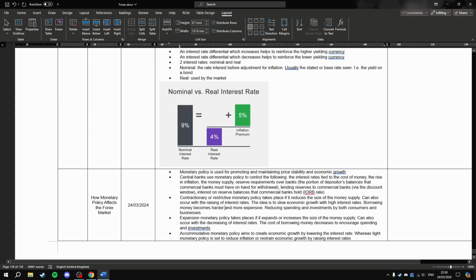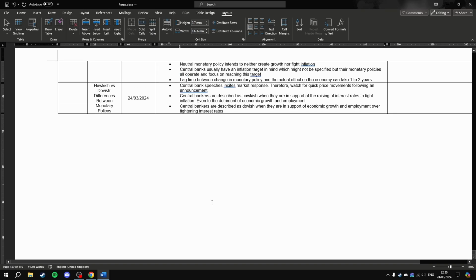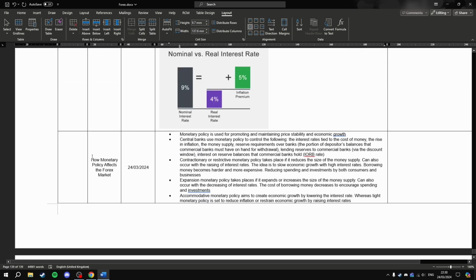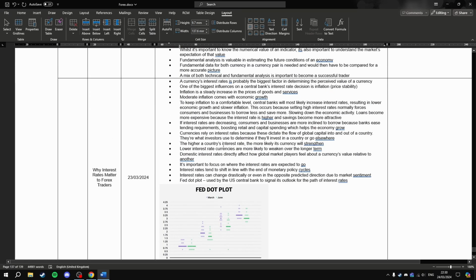So if economy and employment grows, to help the economy grow, interest rates are decreasing, boosting retail and capital spending.